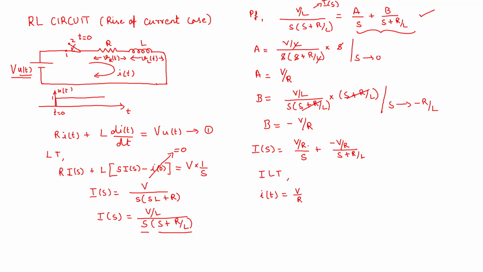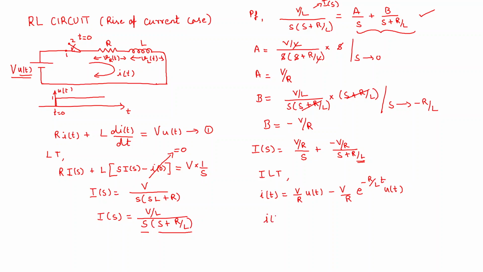Inverse Laplace transformation of 1 by S is nothing but 1 into U of t, that is U of t, minus V by R is a constant, and inverse Laplace transformation of 1 by S plus R by L, that is 1 by S plus A, let me take this as a constant A, is nothing but e power minus AT, that is R by L into T into U of t.